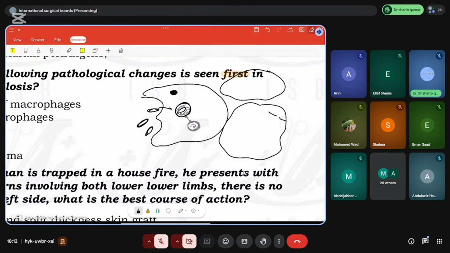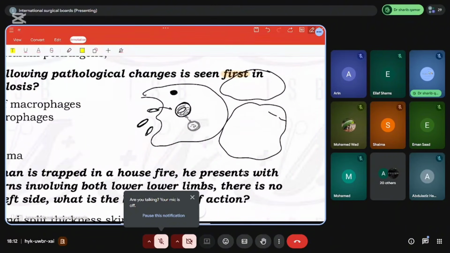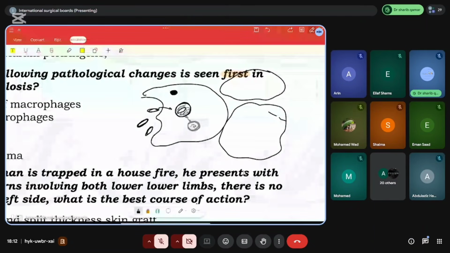These are activated macrophages, and they are densely packed with one another, resembling epithelial tissue. So they call them epithelioid cells. These are the first pathological changes that happen: formation of a localized aggregate of epithelioid cells.